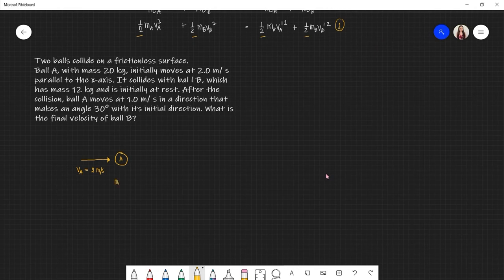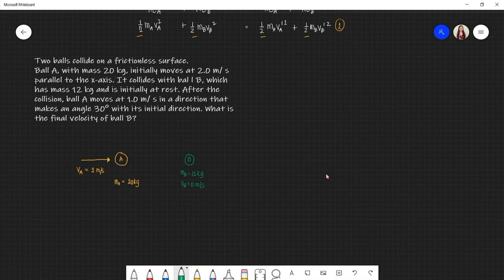The mass of ball A is equal to 20 kilograms. And it collides with ball B, which has a mass of 12 kilograms, and it's initially at rest. So V sub B equals 0 meters per second.